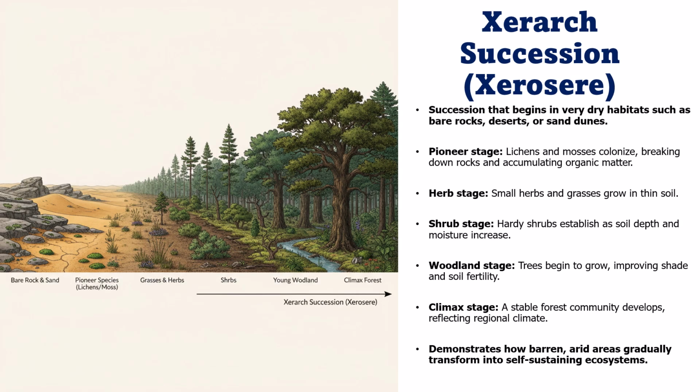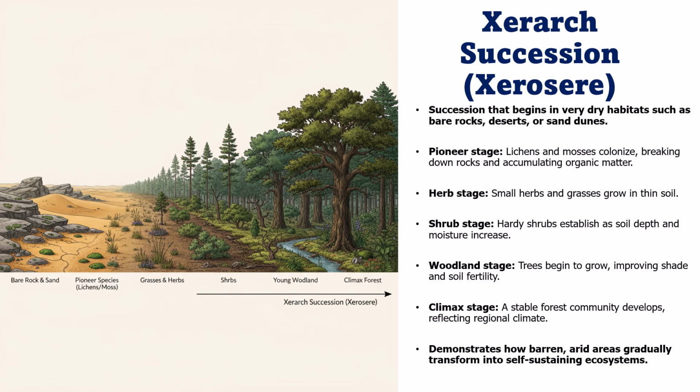On the other hand, xerarch succession or xerosere begins in extremely dry habitats such as barren rocks, deserts, or sand dunes, where conditions are harsh and soil is absent or minimal. The process starts with pioneer species like lichens and mosses, which gradually break down rocks and add organic matter.